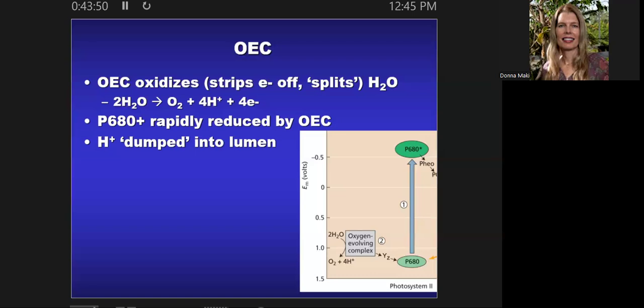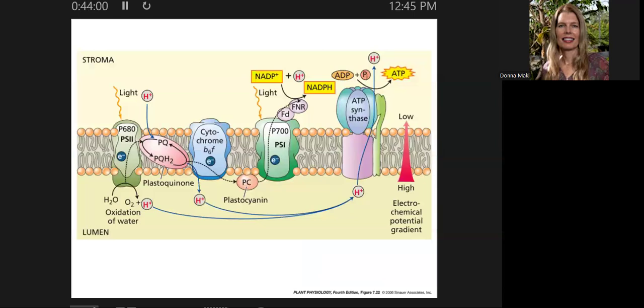So that's being shown here on the diagram, how you have water getting stripped of electrons. And then here, if you go back to this image, they're showing it here in the lumen area. That's where you have the protons getting dumped after you get electrons stripped off of water. So that's really good because this buildup of protons in the lumen, if this keeps happening over and over and over, you get a lot of protons coming off of that reaction pathway.